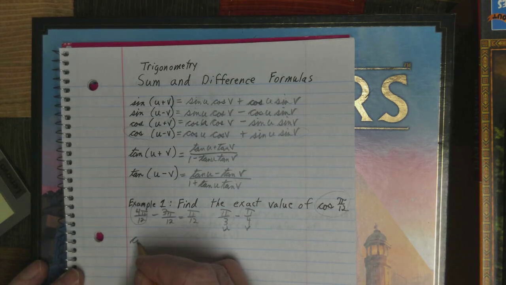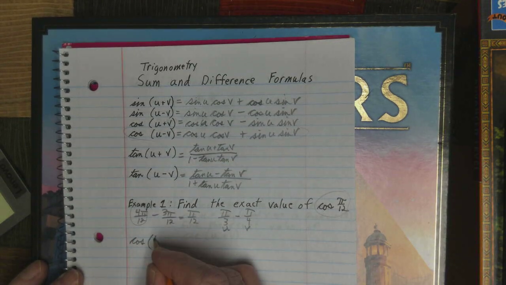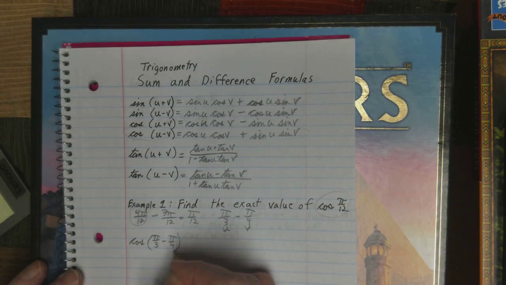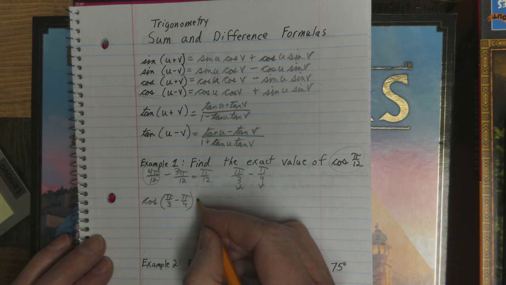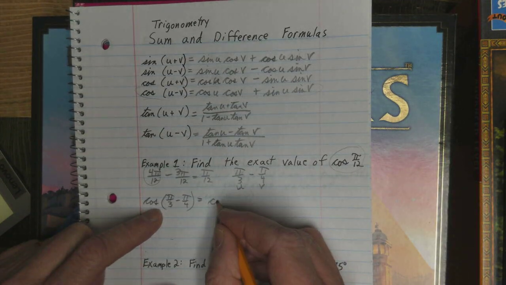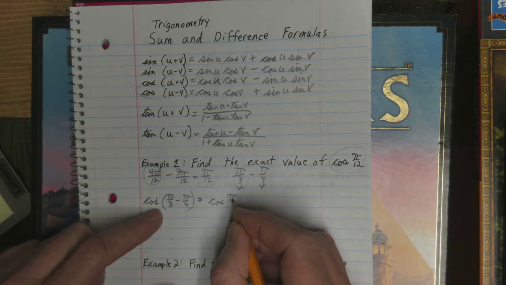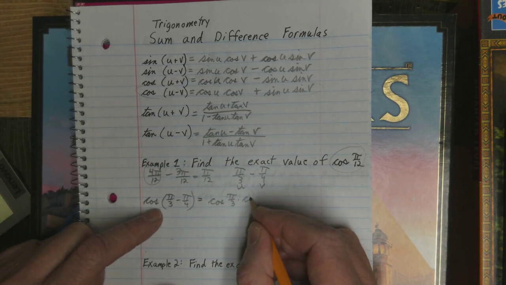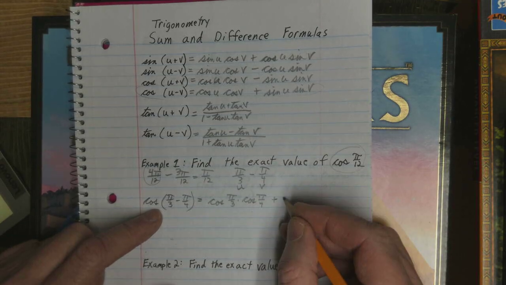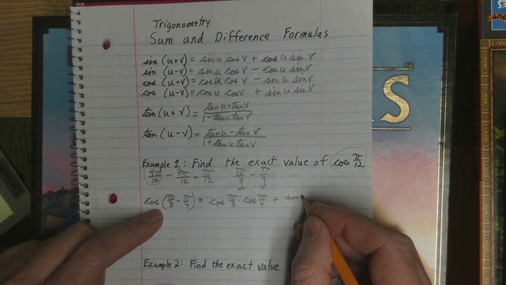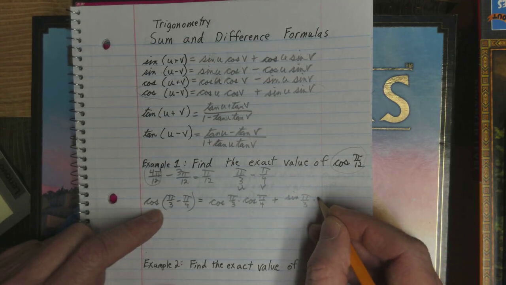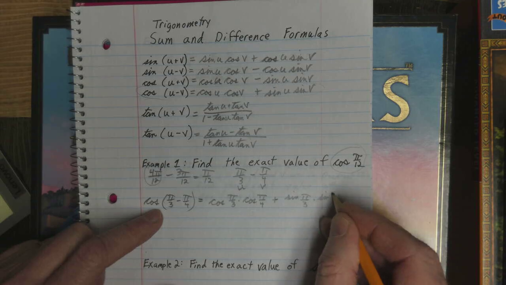So we're going to take the cosine of pi over 3 minus pi over 4, which is the cosine of pi over 3 times the cosine of pi over 4 plus the sine of pi over 3 times the sine of pi over 4.